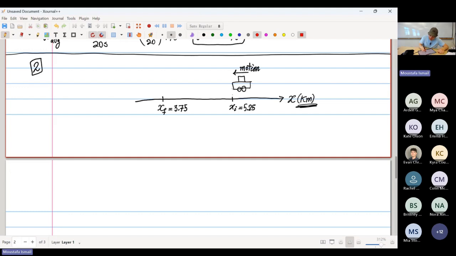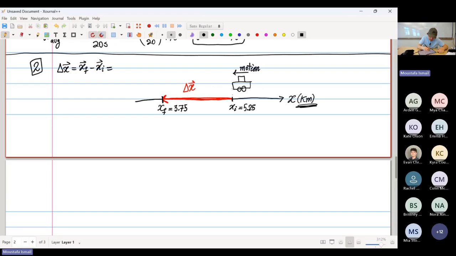The displacement vector points from the initial position to the final position, and as you can see clearly, it points to the left. So this is delta x. It makes sense to get a negative answer for that because it points to the left and we defined the right to be positive. Here, delta x is equal to final position minus initial position.